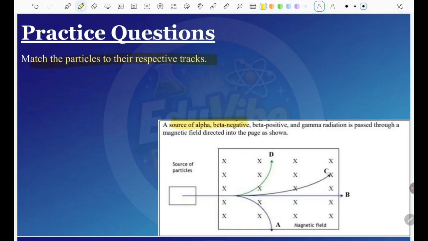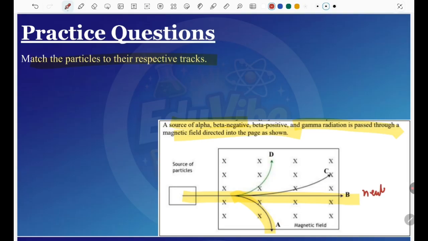A source of alpha, beta negative, beta positive, and gamma radiations passes through a magnetic field directed into the page, as shown. We have to say which is which, and I'll find A. You can see the source over there and the magnetic field going into the page. A goes downwards. At this point B, the straight path, the radiation stays neutral.